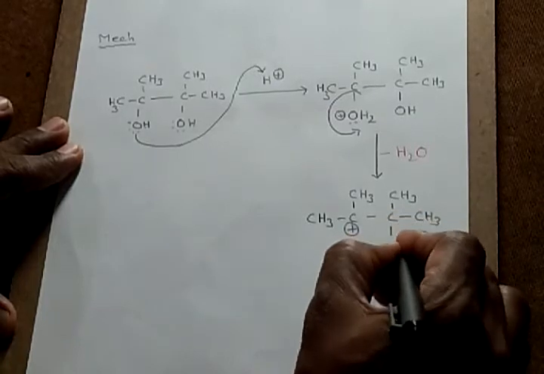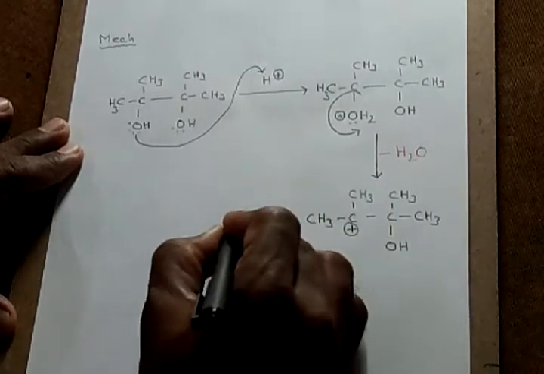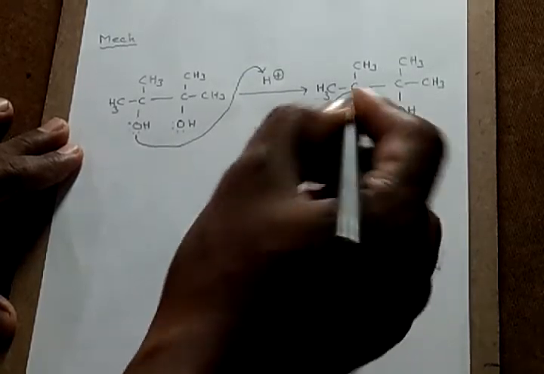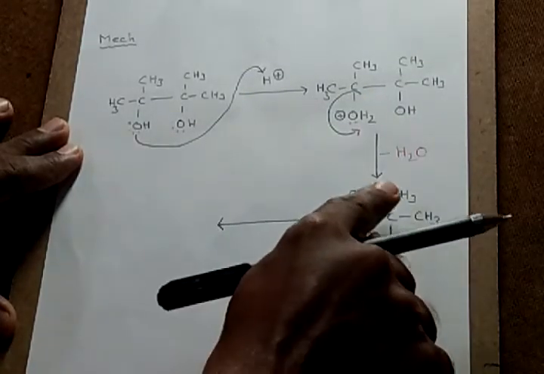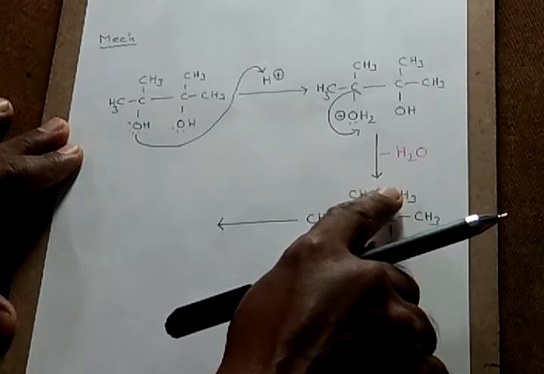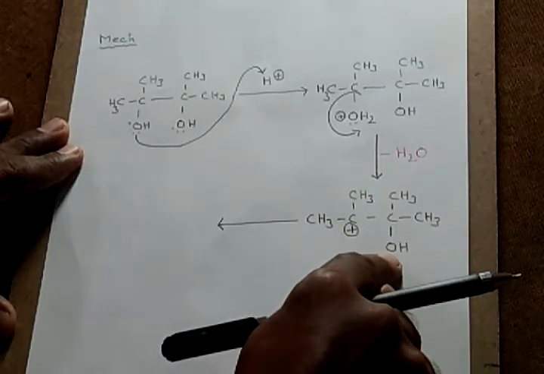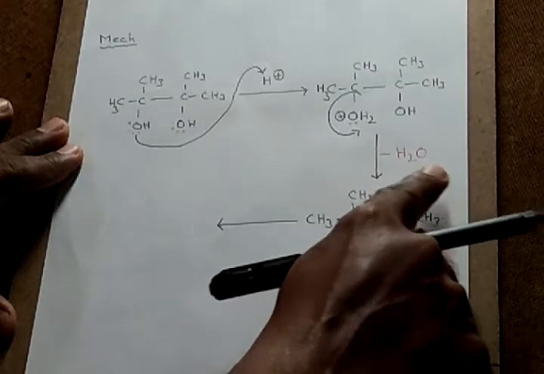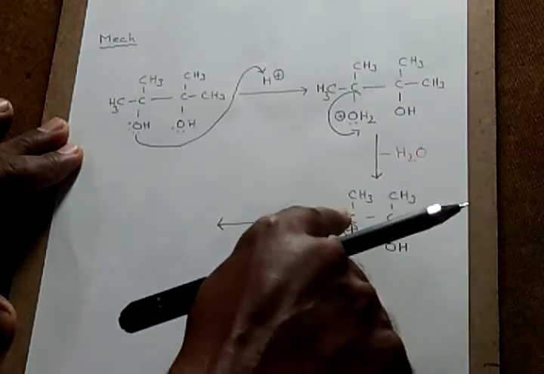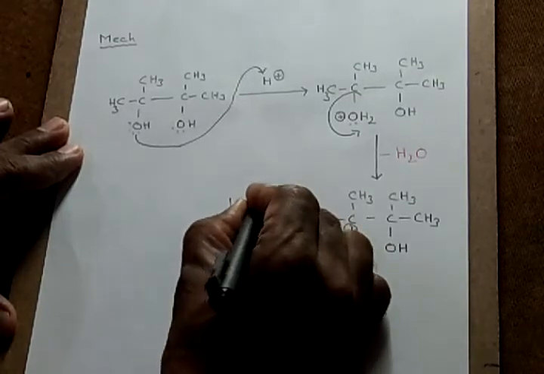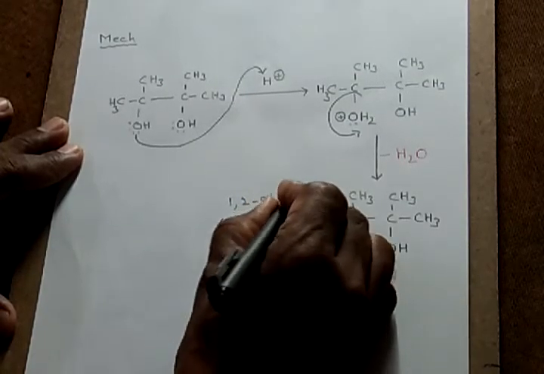So the formed ion is a carbocation like this, CH3 plus single bond C, CH3, CH3, OH. Now, in this next step, which is an important step of this mechanism, one of the methyl groups from the adjacent carbon bearing the OH group shifts from this carbon to the adjacent carbon. That means a 1,2 shift is taking place.